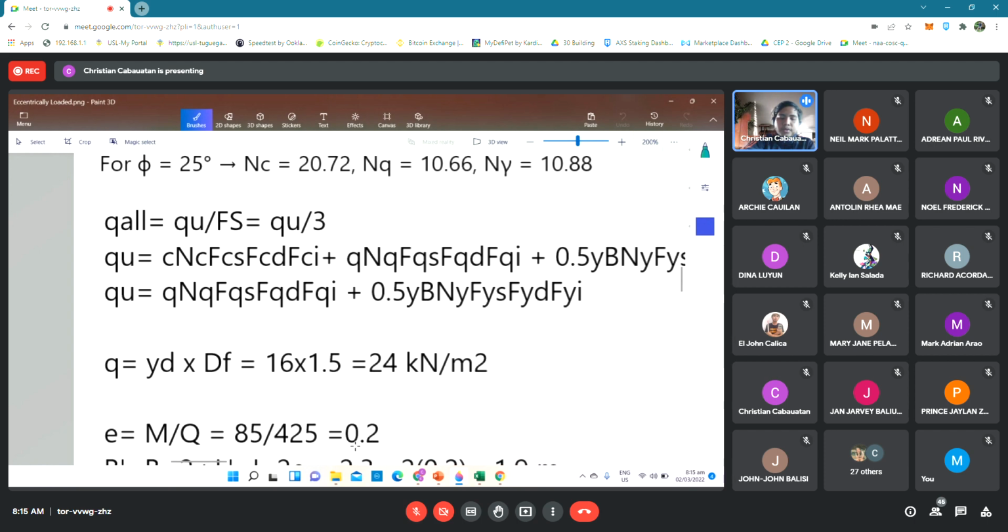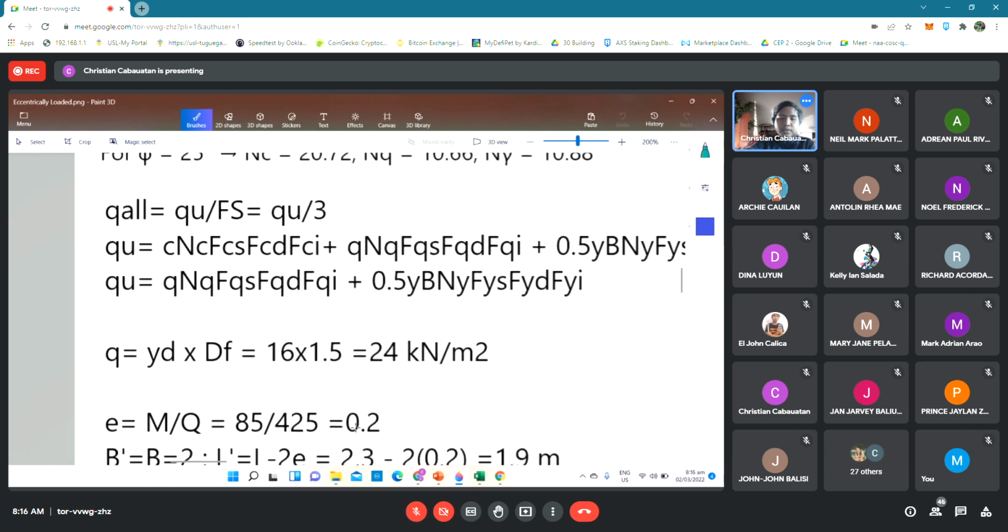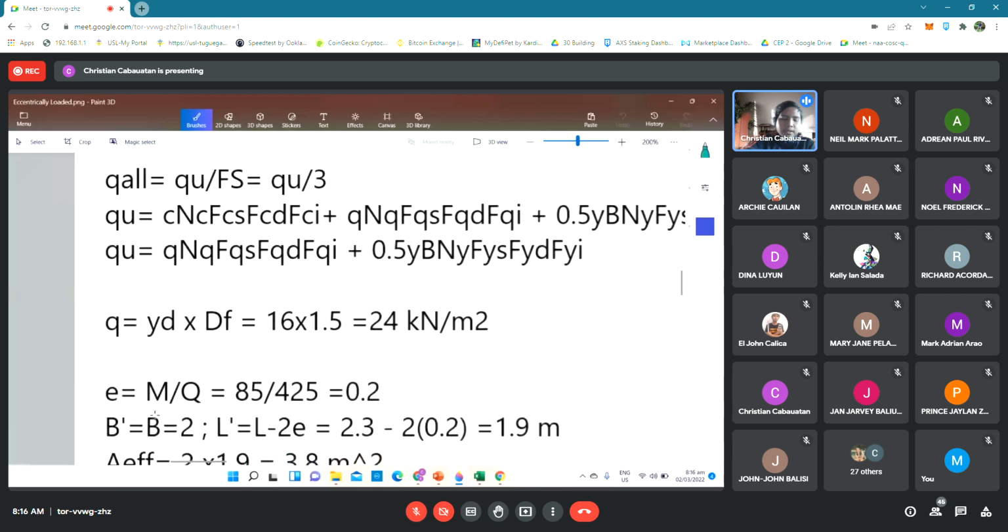Take note of this. B prime is equal to B, which is 2, and L prime is equal to L minus 2e, which is 2.3 minus 2 times 0.2, so L prime is 1.9.